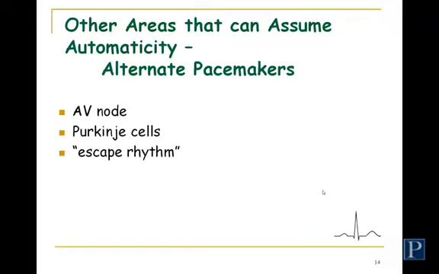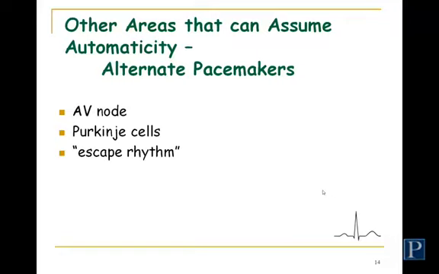Well, the SA node normally is the pacemaker. So it's a question, well, if these guys can exhibit automaticity, why is it the SA node is considered the pacemaker of the heart? Well, when the SA node discharges, its impulse goes to the AV node and the Purkinje fibers and then discharges those fibers.